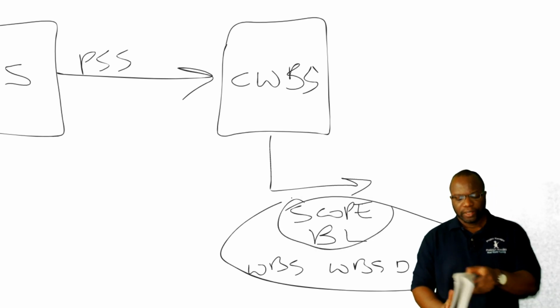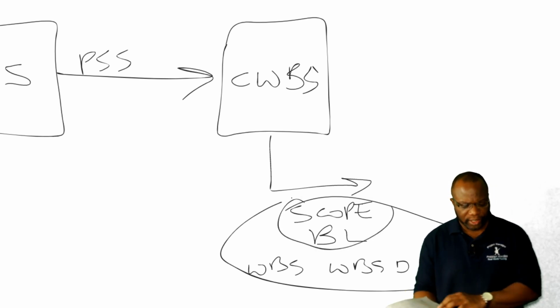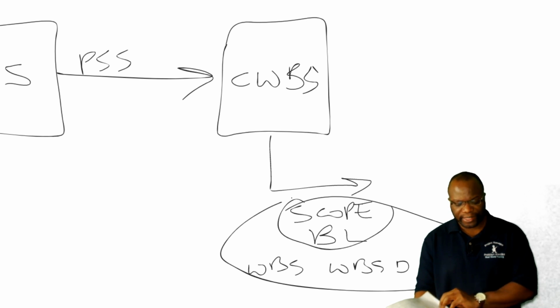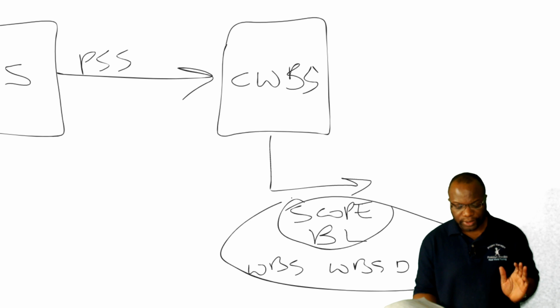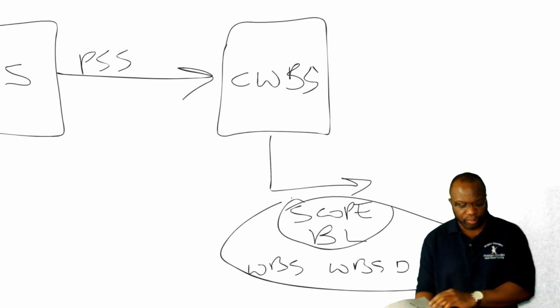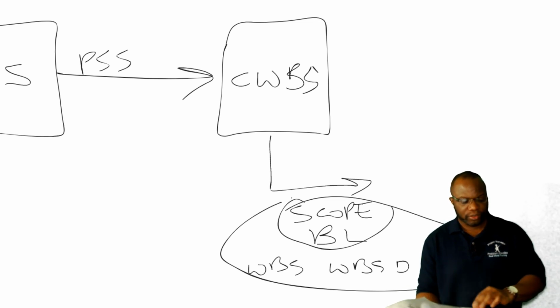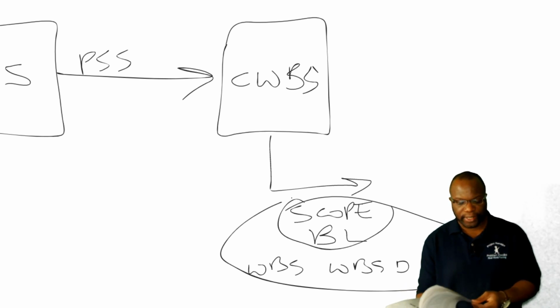Now, if you go to create WBS and you take a look at the scope baseline output, you see that the scope baseline is shown as one of those outputs going into the project management plan ultimately. But let's go to the page where we can see this clearly.